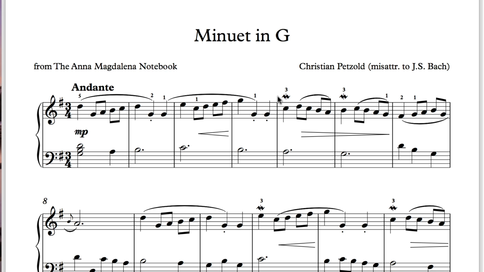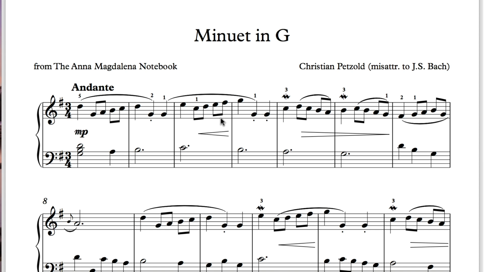Now, among the things I've done is put in some fingering, okay? I've put in the tempo marking and I've put in some phrase marks. The other thing that I've tried to do is to beam the quavers really clearly, okay? I'm trying to show in every bar that there are 3 beats in the bar.